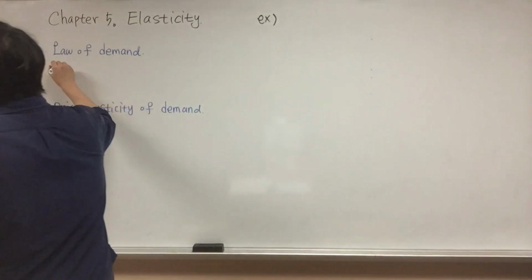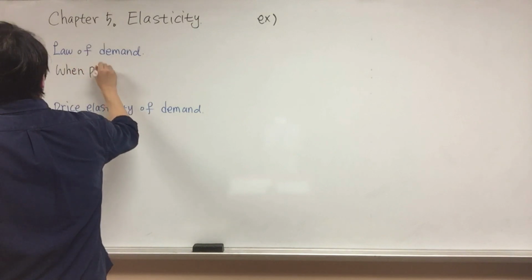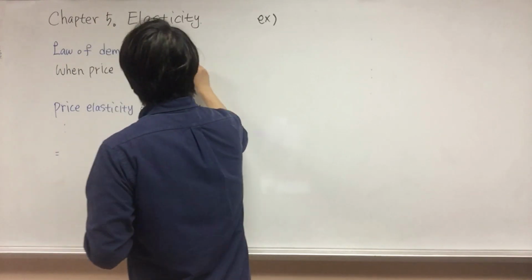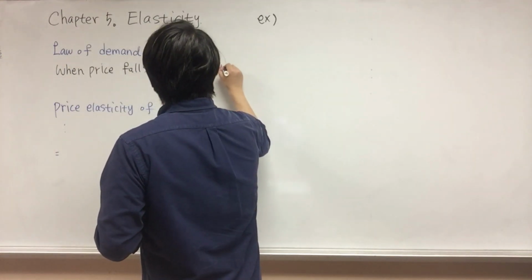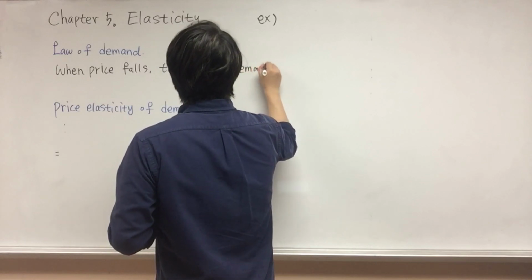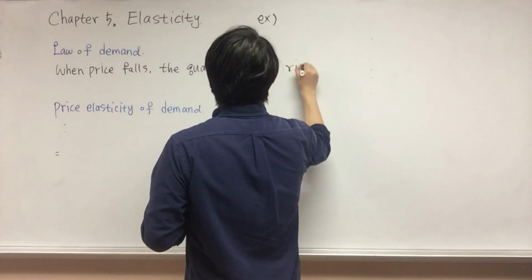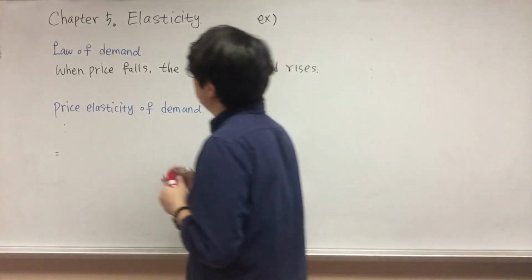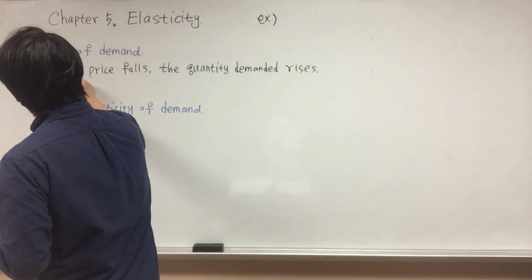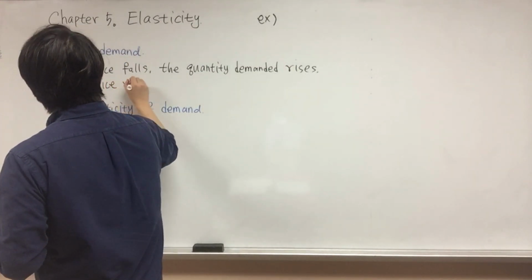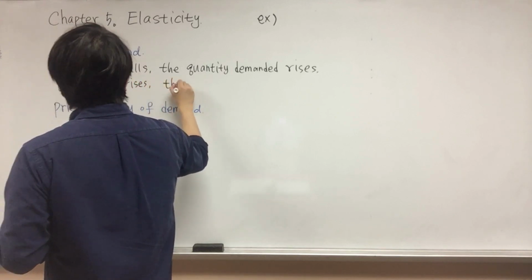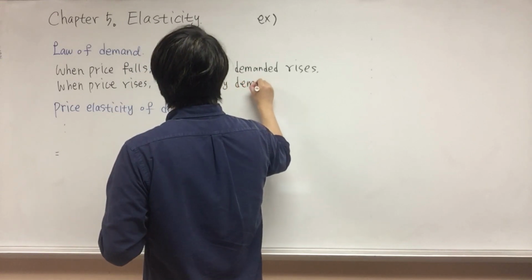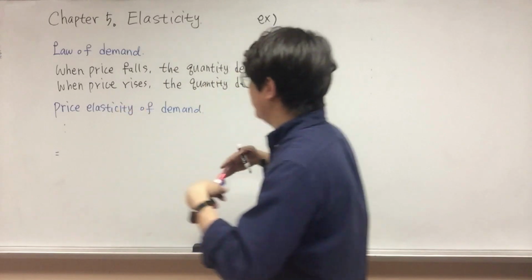When price falls, the quantity demanded rises, and vice versa: when price rises, the quantity demanded goes down, right?